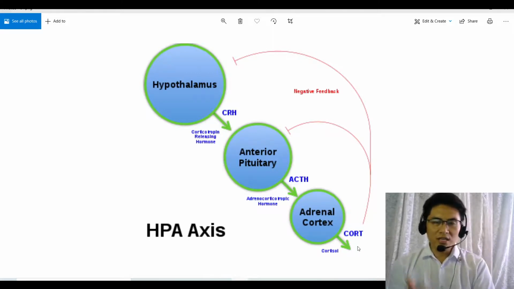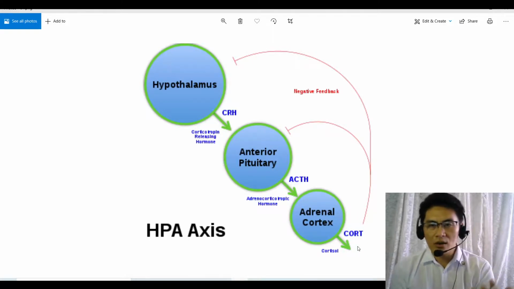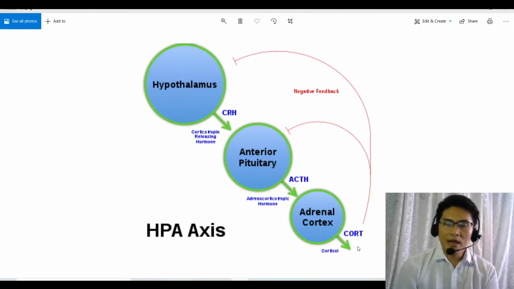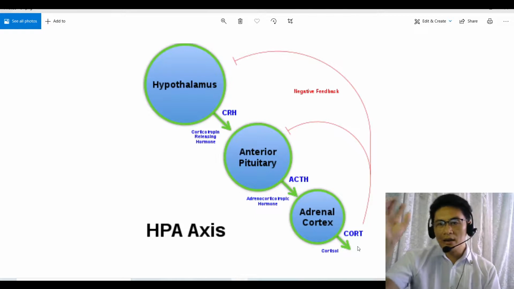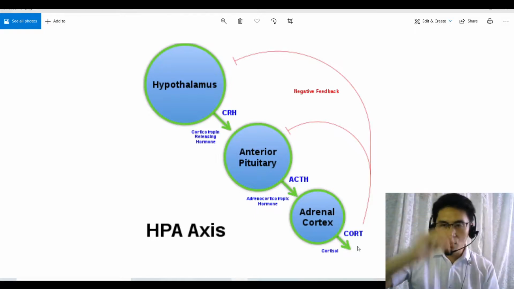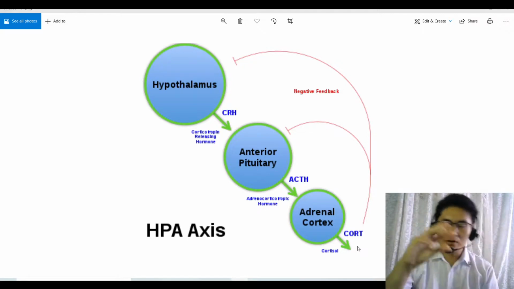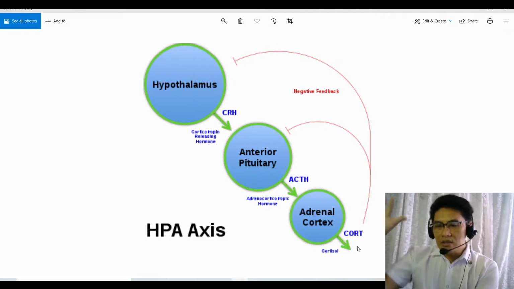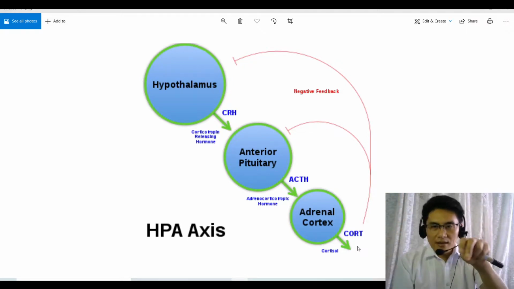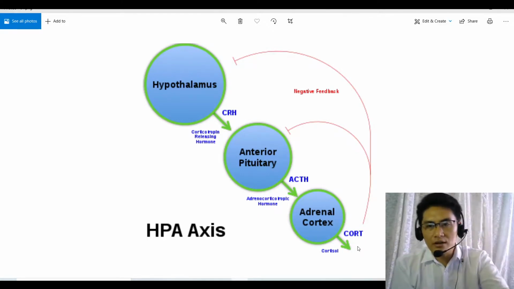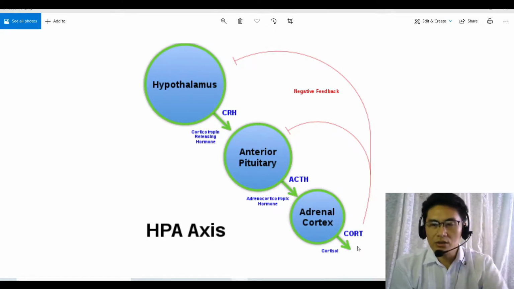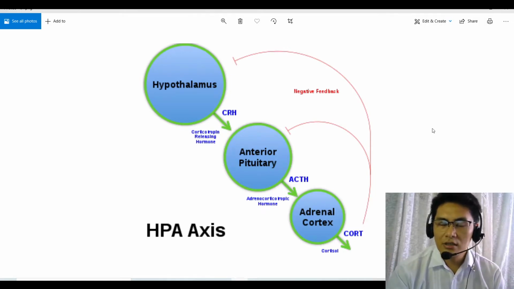Okay, so you see this beautiful synchrony of functions between the nervous system and the endocrine system, and you can also see this cascade of hormones: CRH triggering ACTH, ACTH triggering cortisol, and an elevated amount of cortisol triggering the non-production of CRH and the non-production of ACTH.